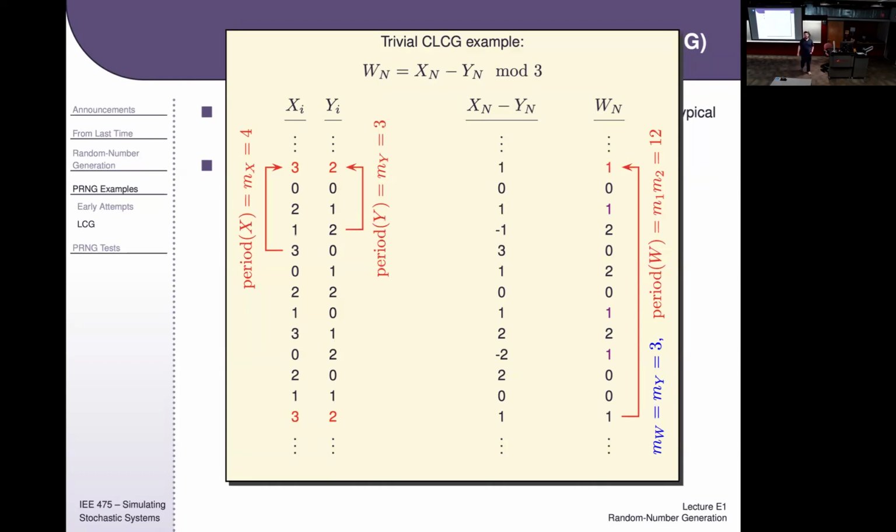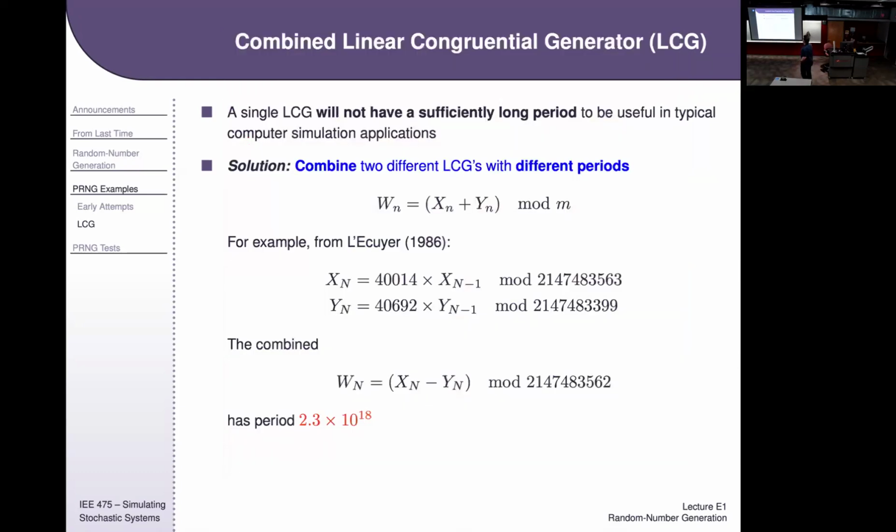Question? It can be. So you can negate an LCG and it's still an LCG. So it's just a linear or additive combination of two LCGs is what the combined one is here. I'm using this example from the literature where he actually subtracted these two.